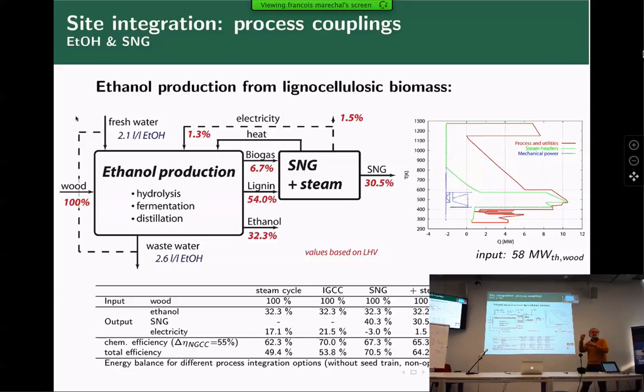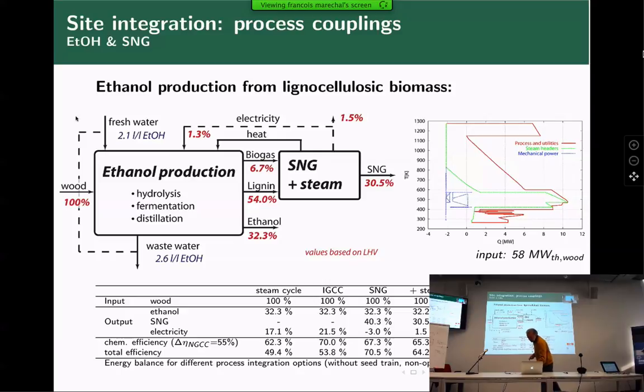But the two heat loads have to match one with the other. Now, if I want to export electricity out of the system, I'm taking some heat, some energy out of the system. It means that I have less heat available, which means that I will have less possibility to produce synthetic natural gas.